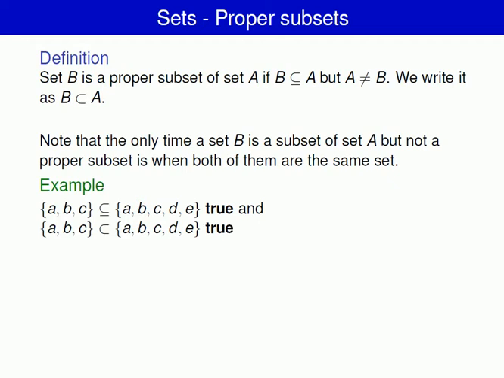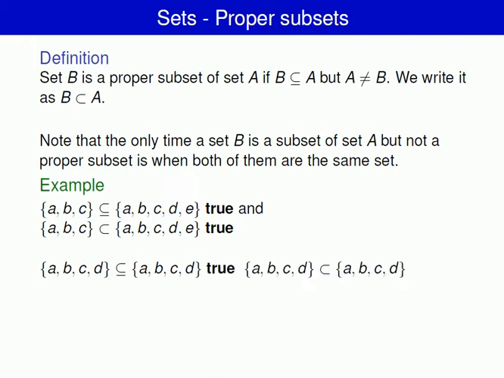So that's also true. Let's look at this example. {A, B, C, D} is a subset of {A, B, C, D}. True, because every element in the first set is also in the second set. Is this true? {A, B, C, D} is a proper subset of {A, B, C, D}. The answer is false. The reason is, while it's a subset, they happen to be the same set. Therefore, it's not a proper subset.